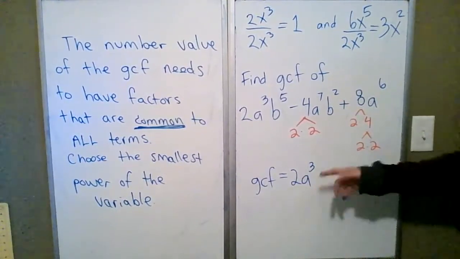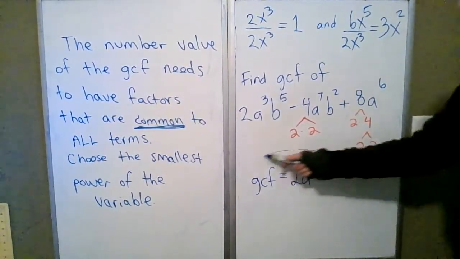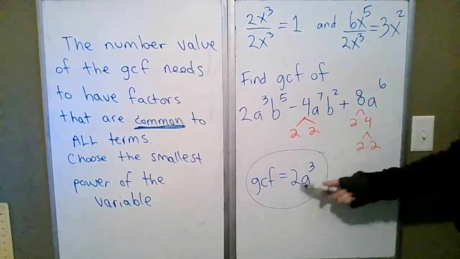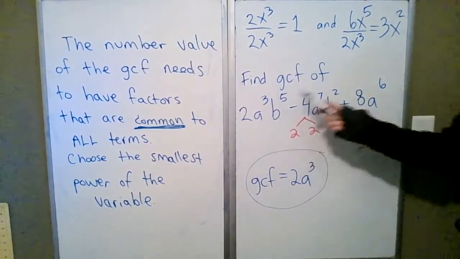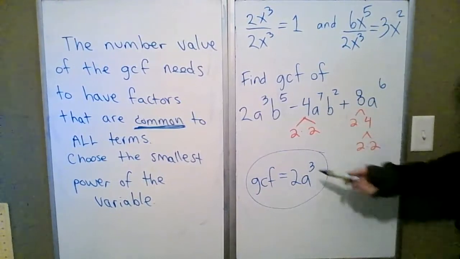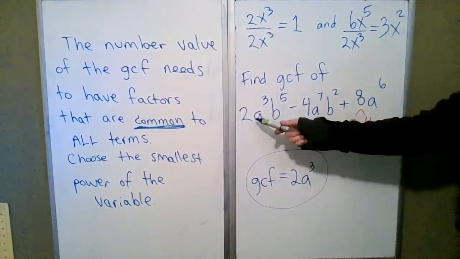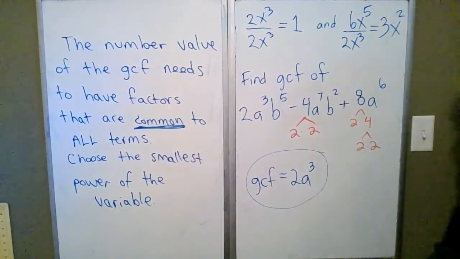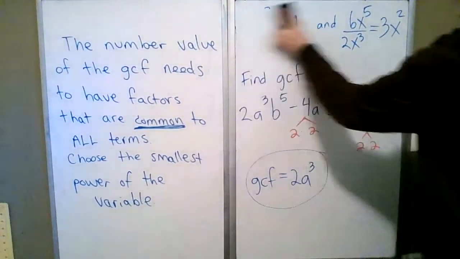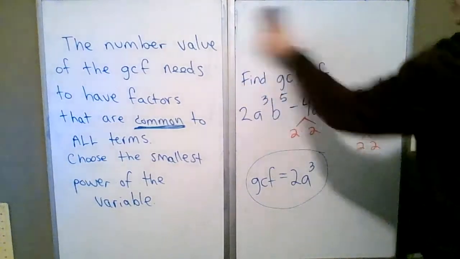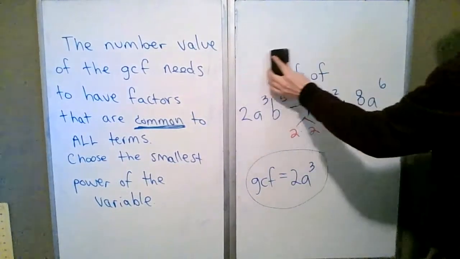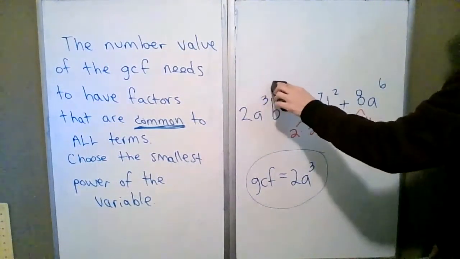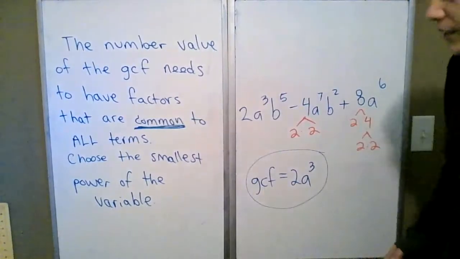And then just a final check before we move on. Does 2a cubed divide each of these 3 terms? We'll do it as scratch work. We'll just divide them all and make sure we don't have any remainders. And then we're going to start factoring out the greatest common factor.